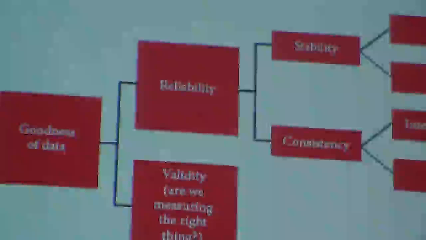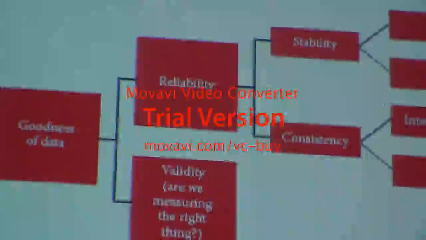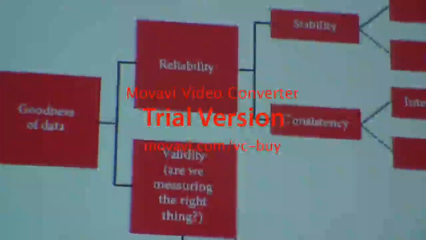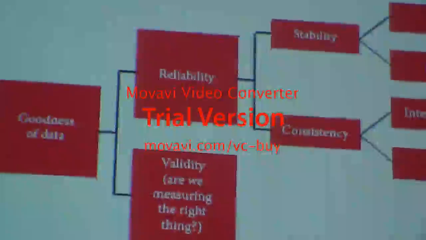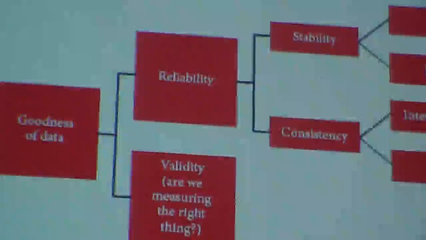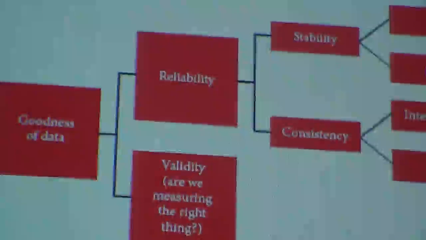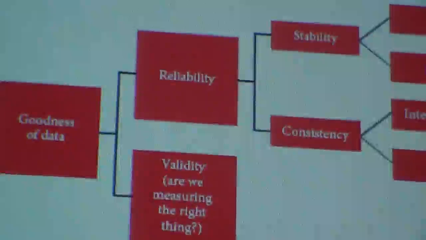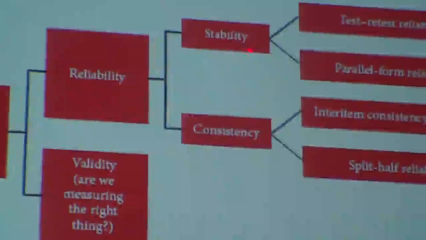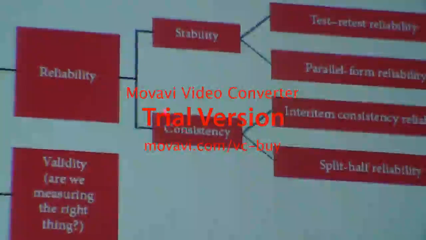You know what's the meaning of reliability, of course. When we say something is reliable, it means its performance is stable through the time. So reliability has two issues, which are stability and consistency.